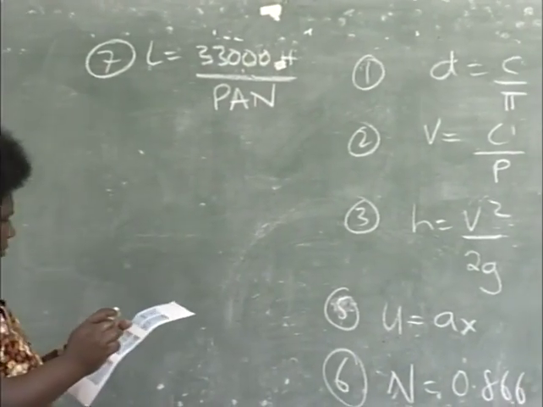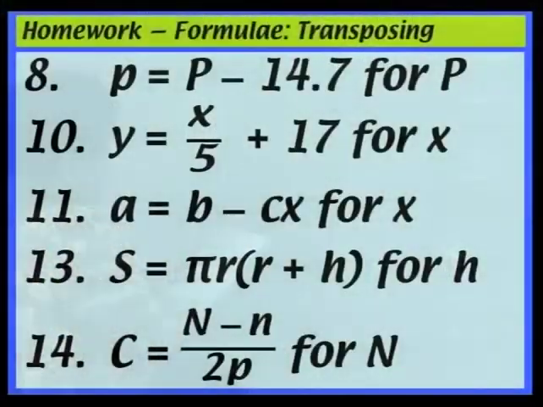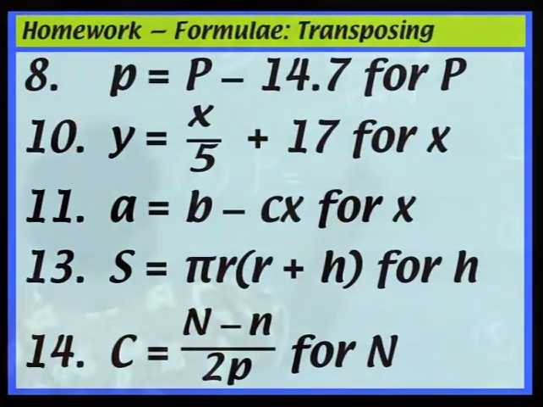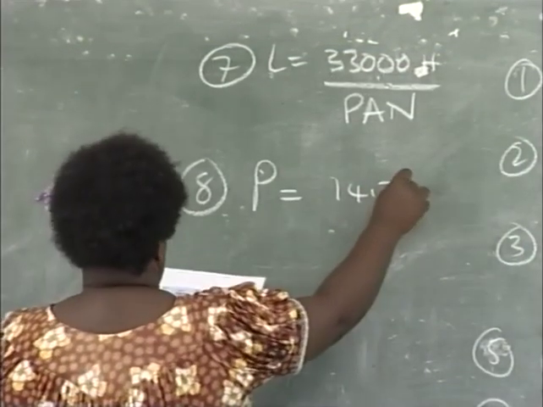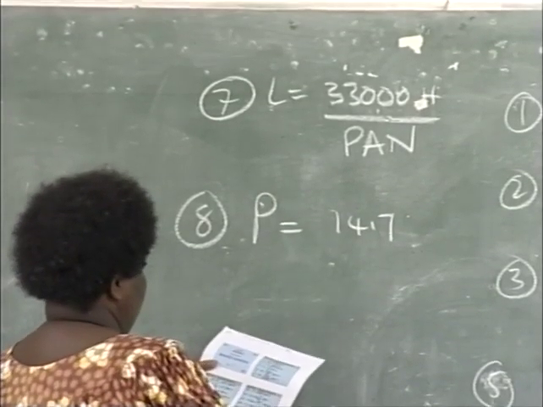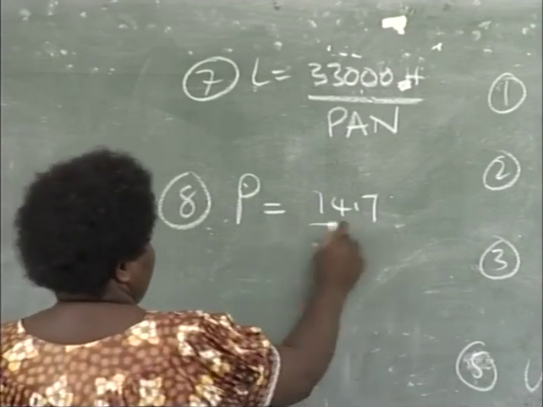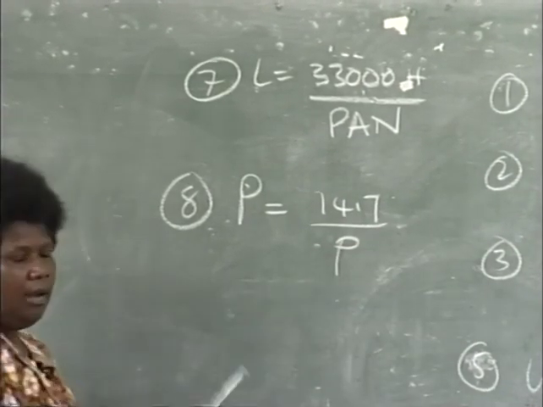Is that right? Number 8, Solomon. P equals 14.7 minus small letter p, divided by small letter p. Are you sure?